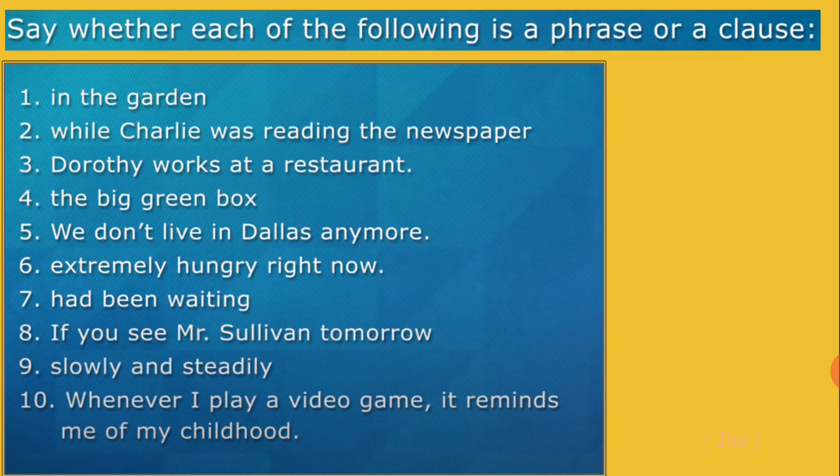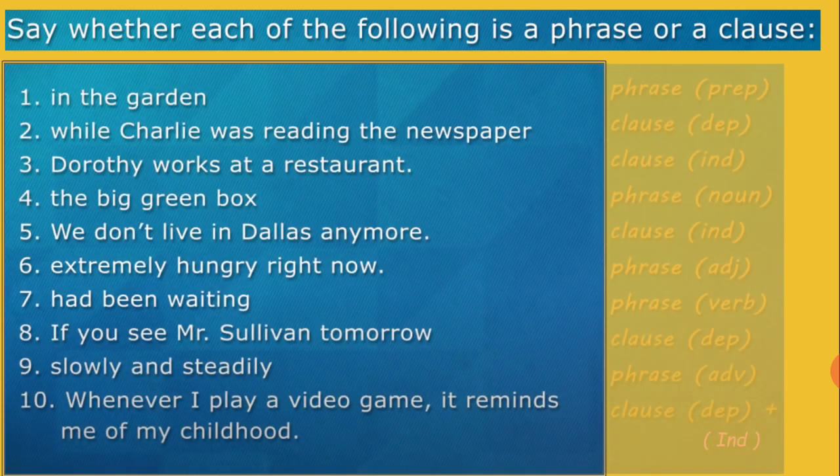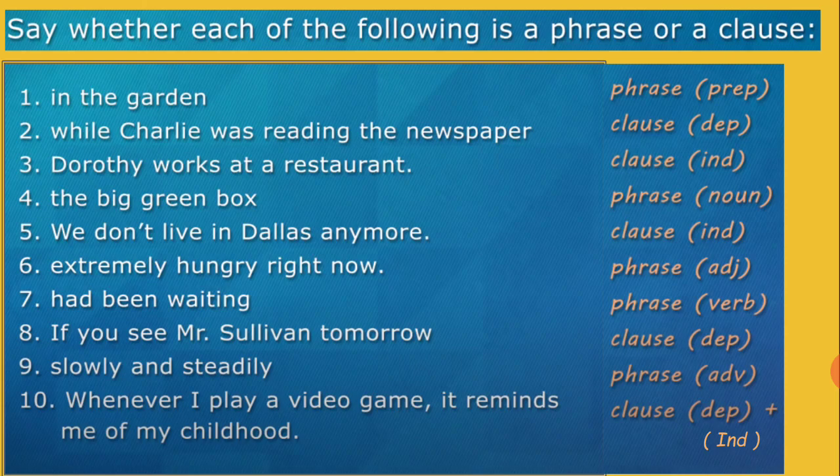Okay, in the last sentence, you need to be very careful because there are two clauses. You have to identify which part is the dependent clause and which part is the independent clause. Did you try? I'll give you the answer once you check. Some additional information may be there, so just neglect the prepositions and all those things.